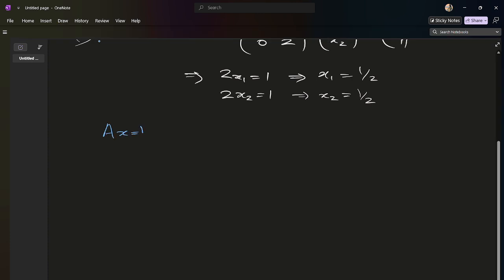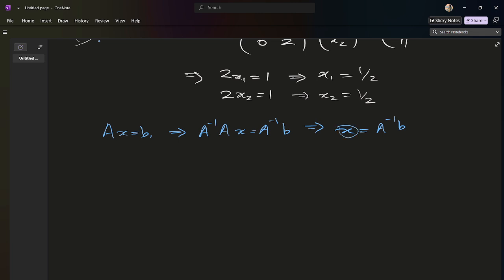Given that Ax equals B, we can left multiply by the inverse of A, then x is equals to A inverse B. Now since the entries of A are integers, all the entries of A inverse will be rationals, no? So x will be rationals.